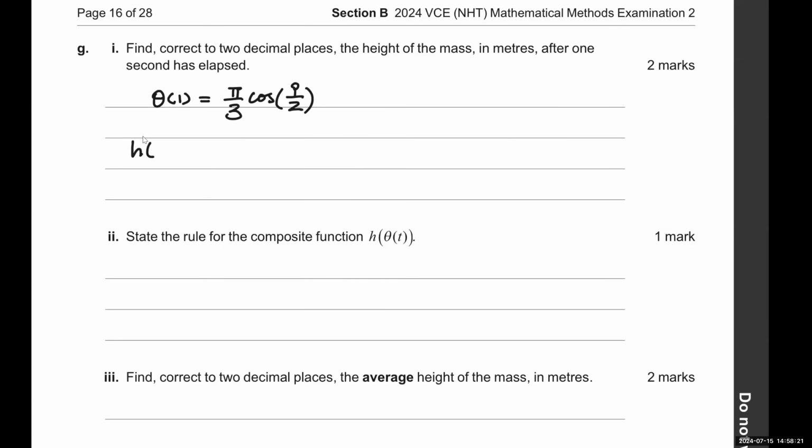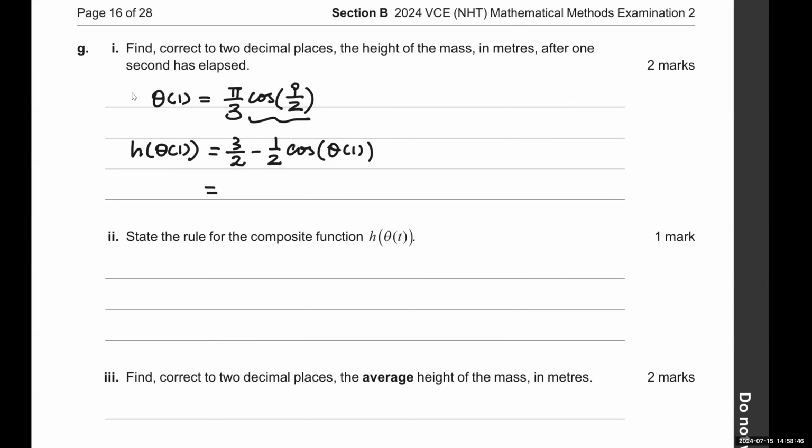And then h of theta 1 equals to 3 minus 1/2 cosine of this value here, which is also your theta 1, okay? So the hard part is you recognize there are 2 layers for evaluations. That's why it probably assigned 2 marks here for that reason.